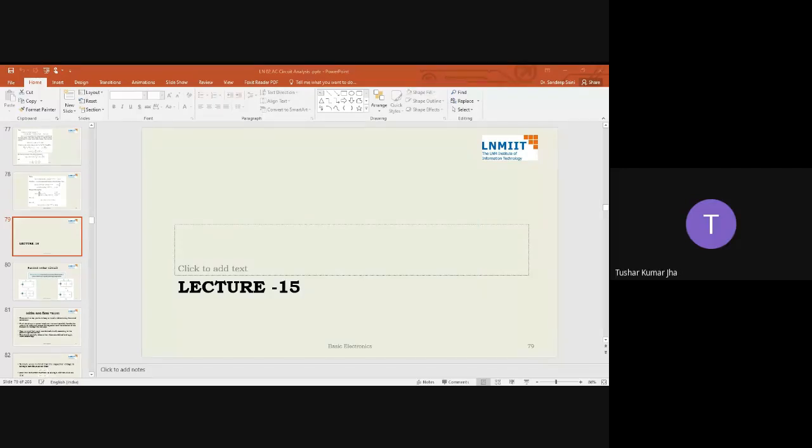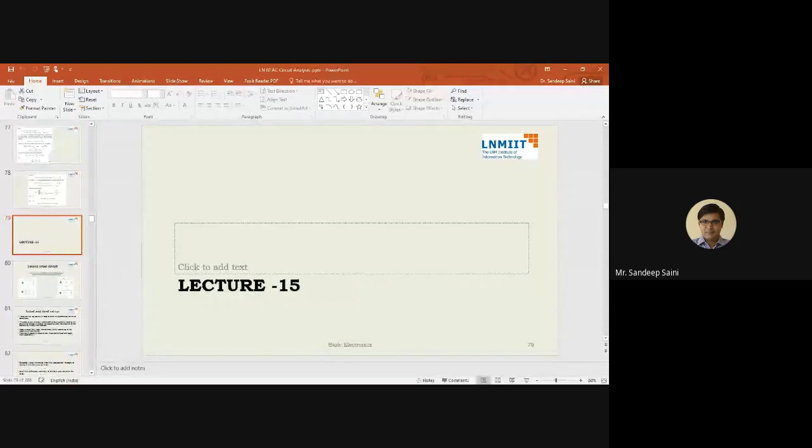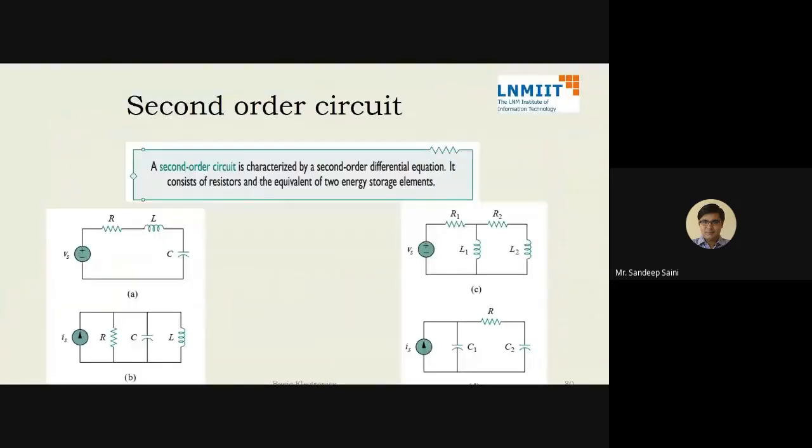Yes, so today we are going to start with our next topic, and that is second order circuits. As we had already told, if we have a second order differential equation, then that circuit is called a second order circuit.